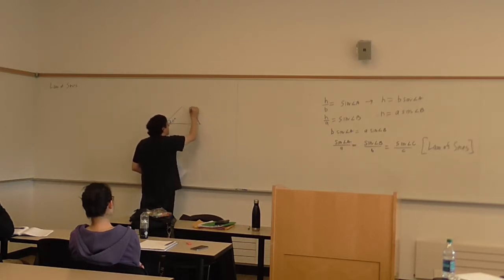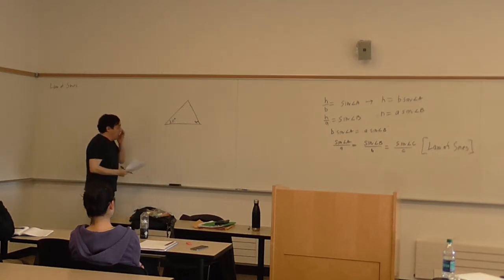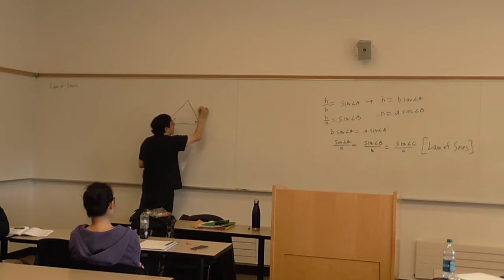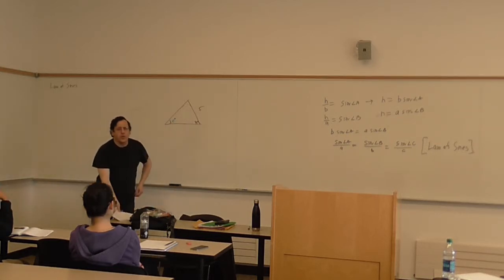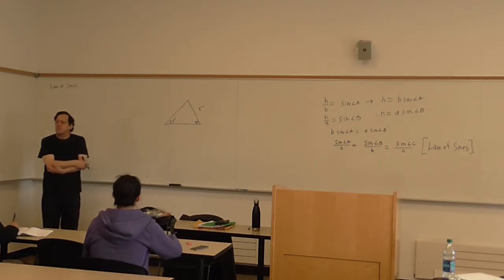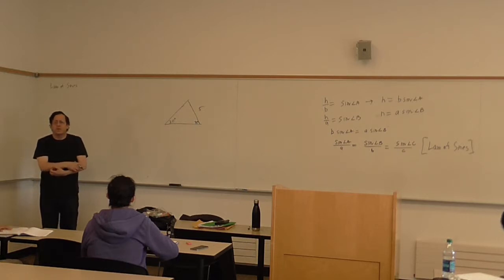And another angle is 45 degrees. And we'll say one of the sides is 5. So how do I go about solving this triangle? What would be my first step?